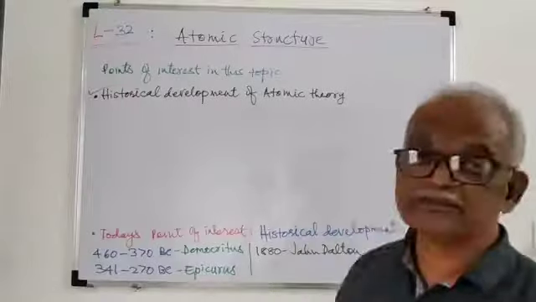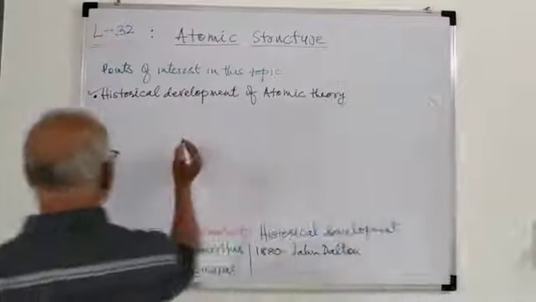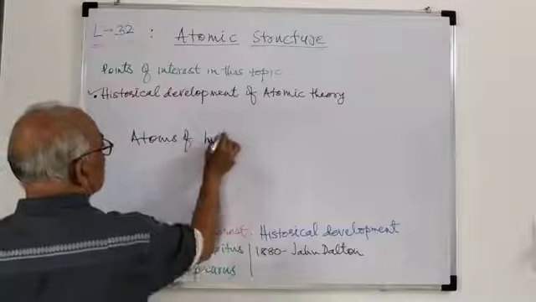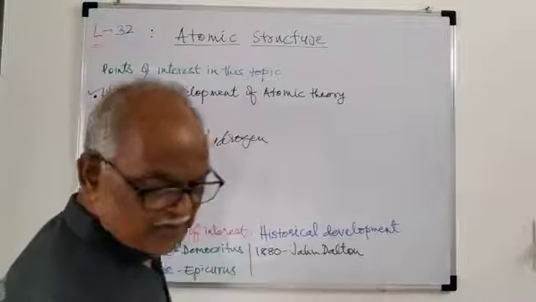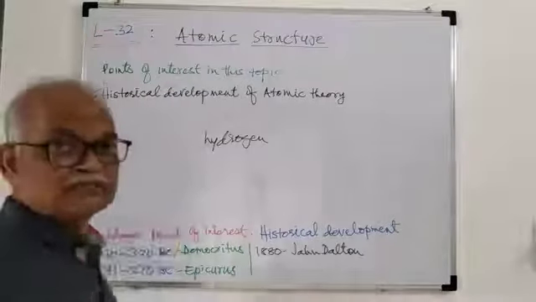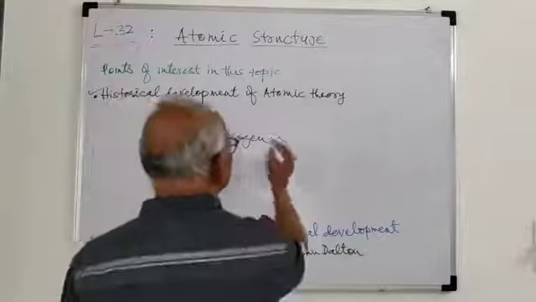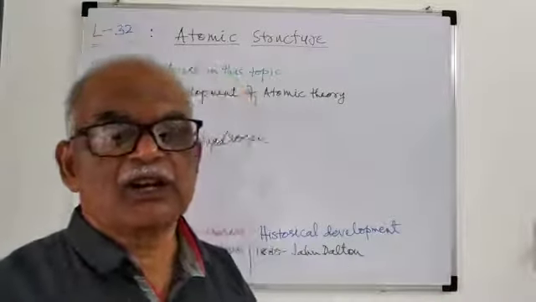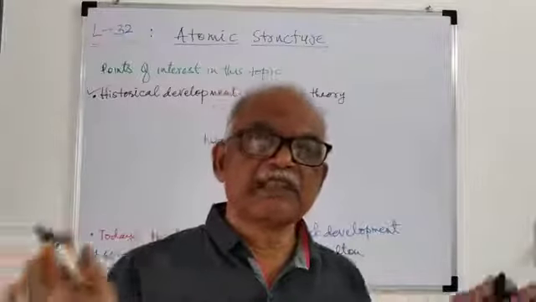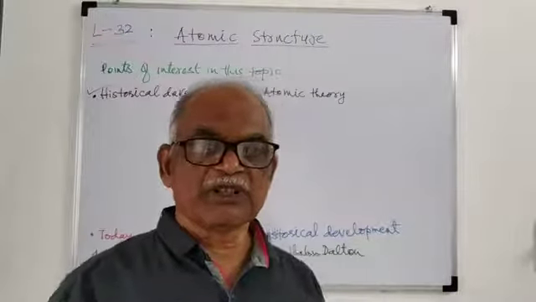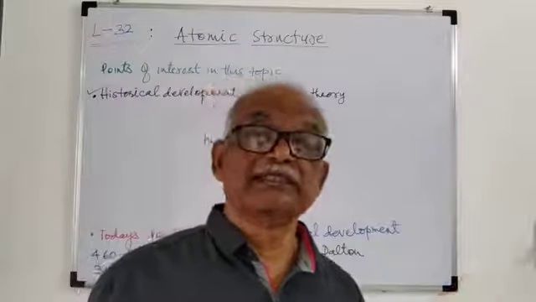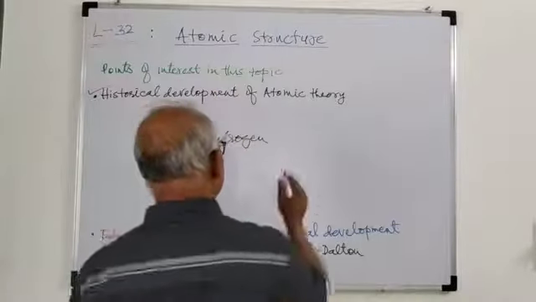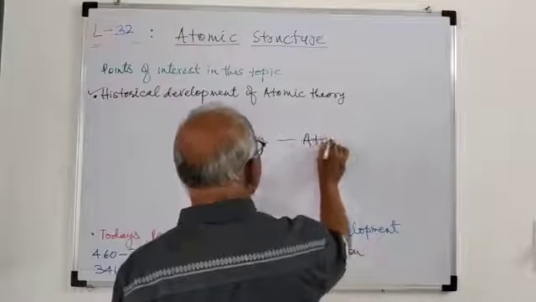For example, if we consider hydrogen as a substance, it is in the gaseous state, and if we keep separating the finest particles from each other until we get the ultimate fine particle of hydrogen, this ultimate fine particle is called the atom of hydrogen.